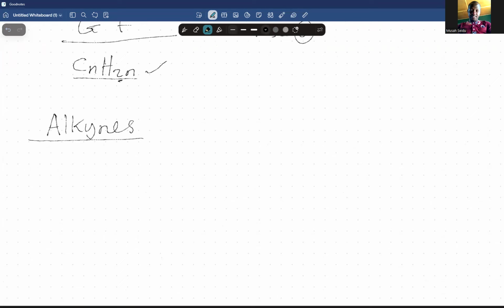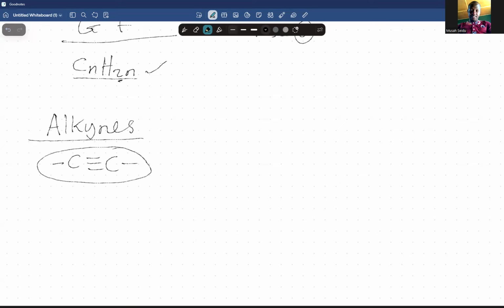For me to know that this molecule is an alkyne, I have to see carbon-carbon triple bonds. So whenever I have a carbon-carbon triple bond, we call this the structure of the functional group. Then I should know that I am dealing with an alkyne.